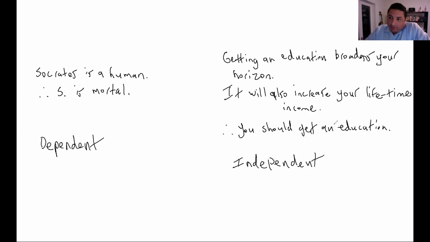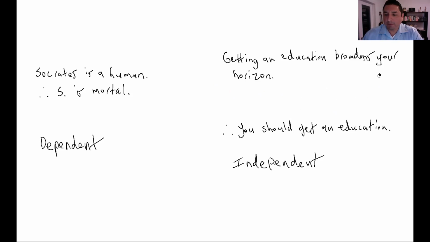Okay, so those two premises are providing support to this conclusion. It's one argument, but they're doing so independently of one another, so that if you remove one of these premises, the remainder is going to provide the same kind of logical support as with it. So it's providing independent support.